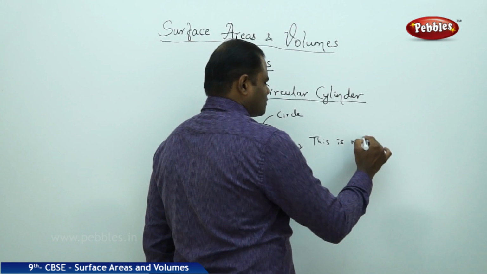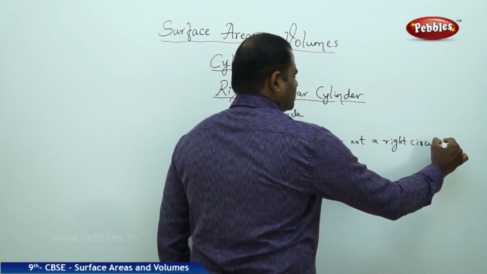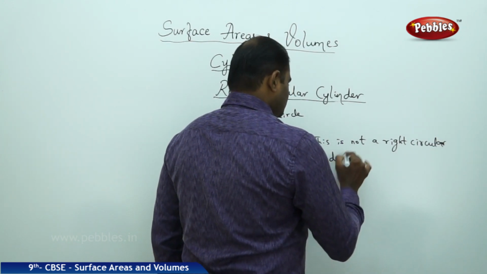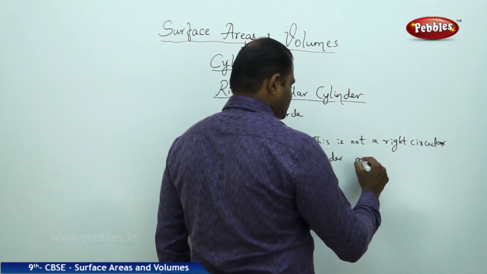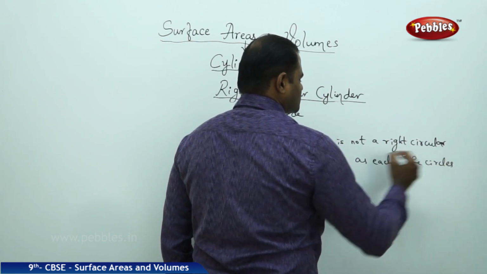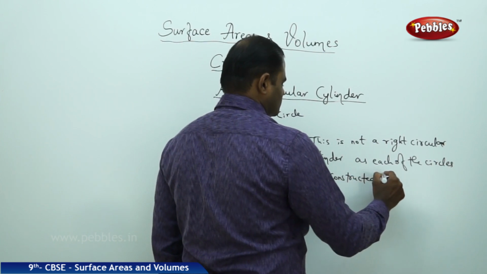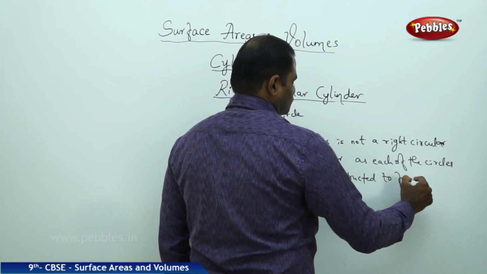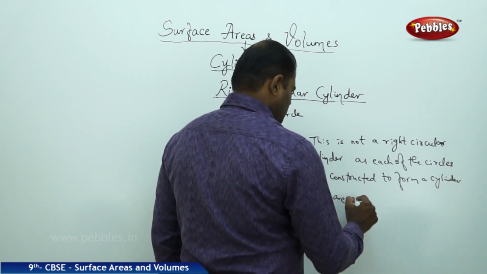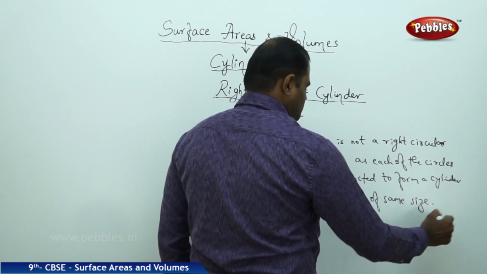This is not a right circular cylinder, as each of the circles constructed to form a cylinder are not of the same size.